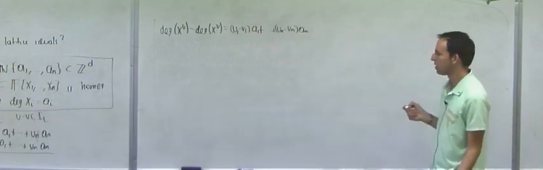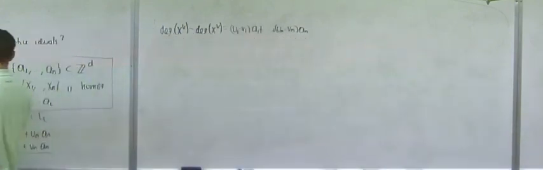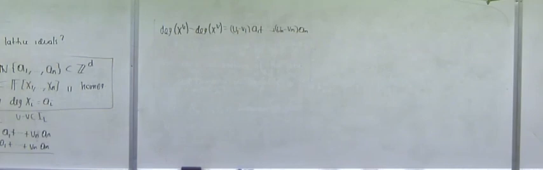Okay? But the key thing is that because x^u minus x^v is one of the generators, right? It lives in I_L, and that means that u minus v lives in L. I wrote this wrong, right? This should have been L.